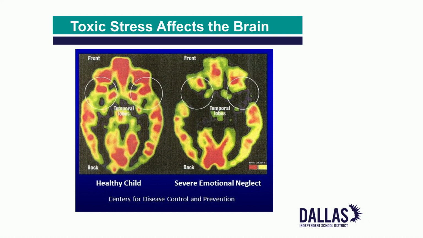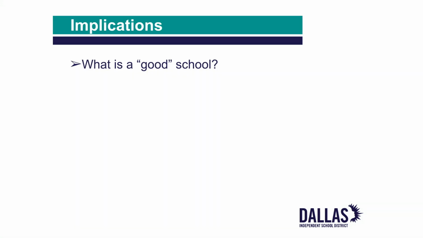These are areas of the brain associated with memory, with reason, with self-control. And in the child that's experiencing neglect, those areas are very dormant. Instead, the area that's very active is the amygdala. That's the part at the base of the brain that's the site of the emotional response because of the stress that they're experiencing. All right, so when we understand this reality, it has a lot of implications for us.